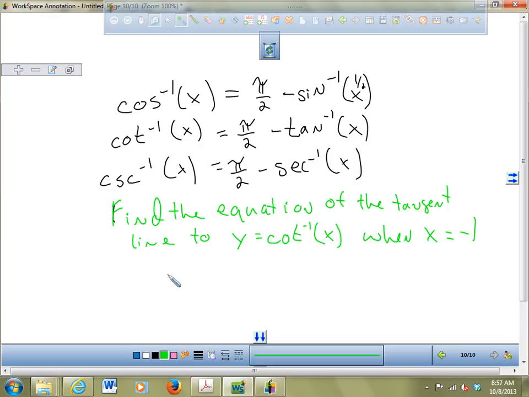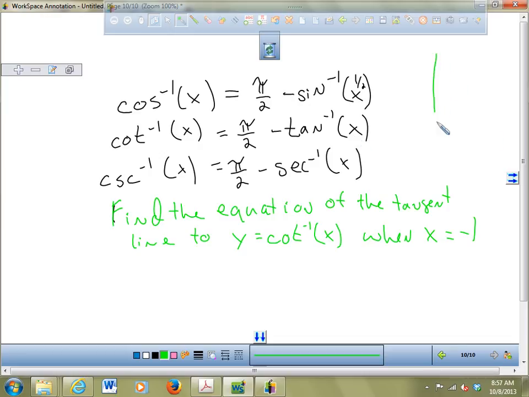Okay? So first of all, you need a point and you need the slope. This will go quick. So you can look up here when x is -1. So you want the inverse cotangent of -1. Do you know what the inverse tangent of -1 is? Do you remember?